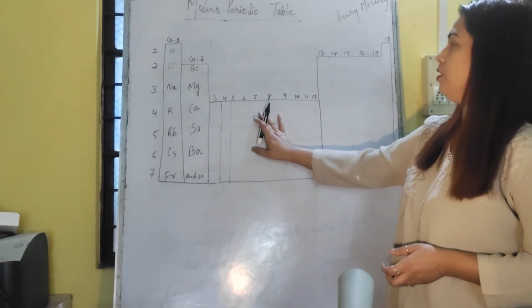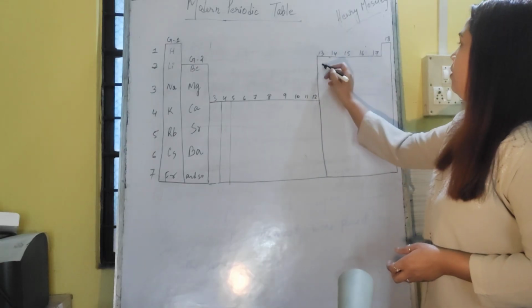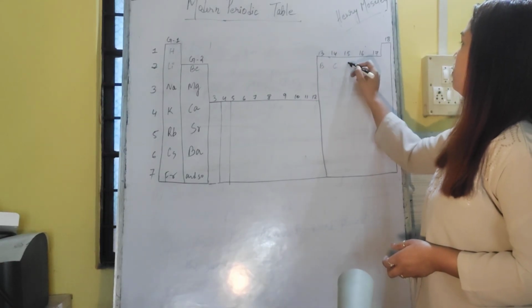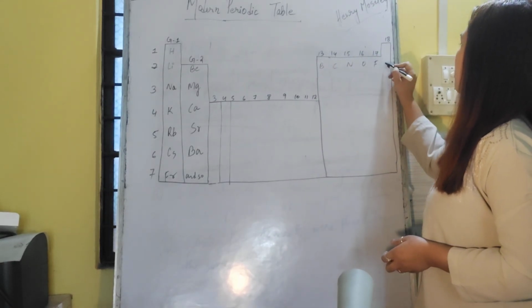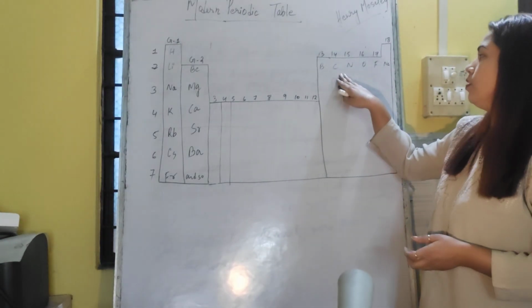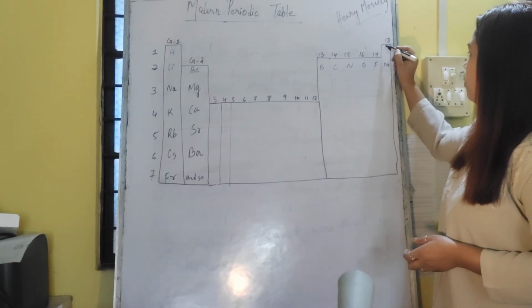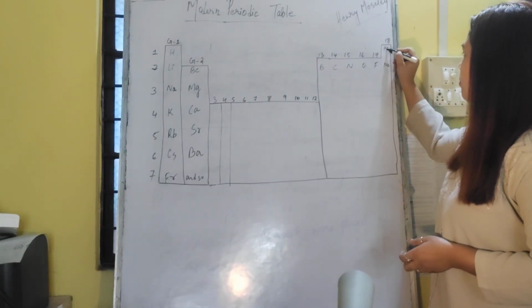Similarly, this is D block and this is P block. The elements of the P block are B, C, boron, carbon, nitrogen, oxygen, fluorine, neon, and on the top there is helium.